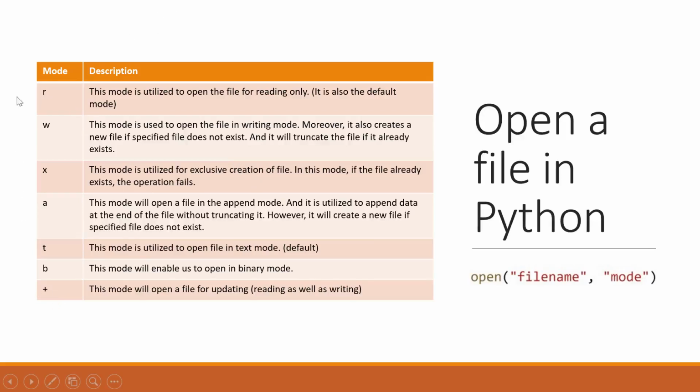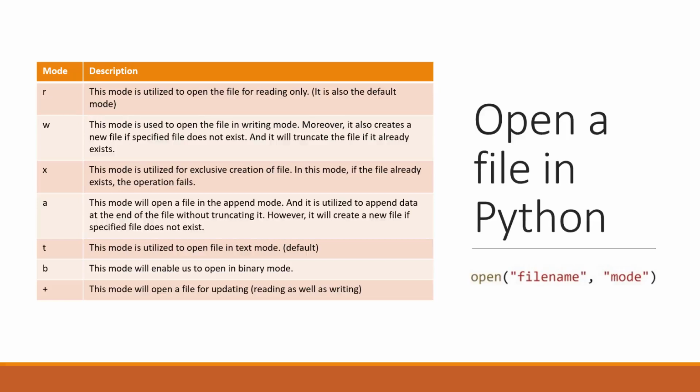These are all the basic modes that we can use with this built-in open function. The very first is the R mode. As I told you, the R mode is utilized to open a file for reading only, and this is also the default mode. So if you do not specify the mode parameter, then the R mode will be the default value.